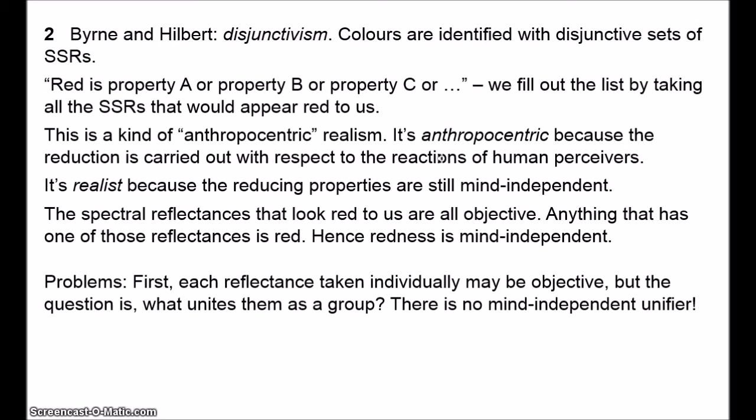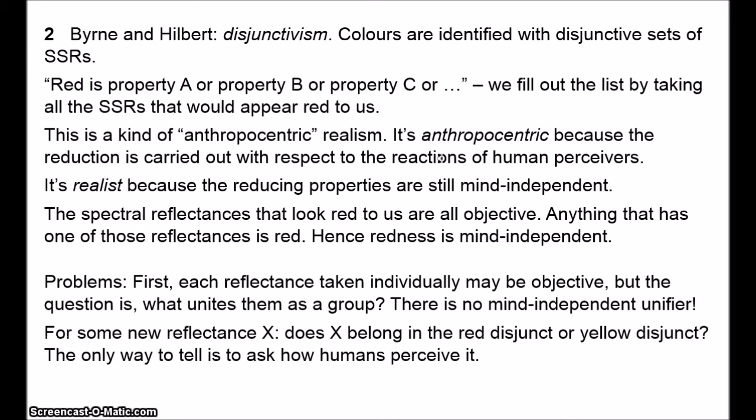So I guess one way to put this point is in terms of prediction, right? For some new physical property X, for some previously unseen spectral reflectance X, does X belong in the red disjunct or in the yellow disjunct? Well, the only way to answer that is to ask how it would affect human perceivers. So the worry here is that we're just giving up realism at this point.